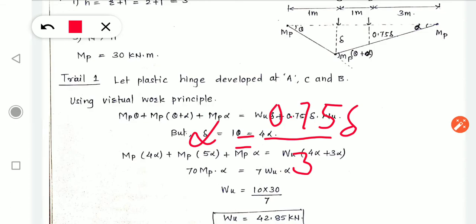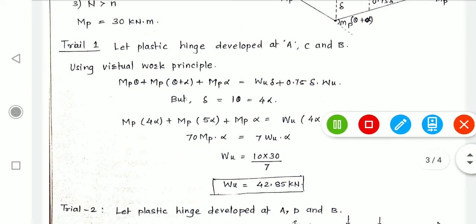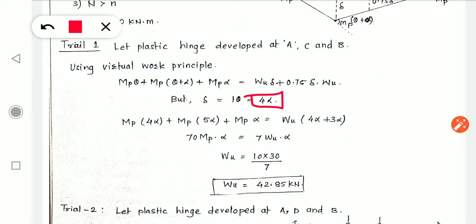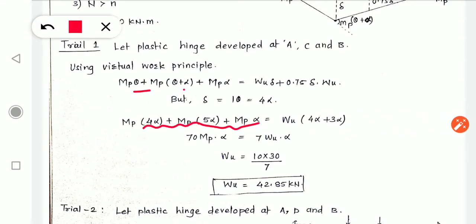Okay, and if we write it in terms of alpha, 3 divided by 0.75 gives 4 alpha equals delta. 4 alpha equals delta. That's what I wrote here. Okay, now put all the values of theta in terms of alpha, and then I solved further, simplified it. Try to solve it. You will get Wu.